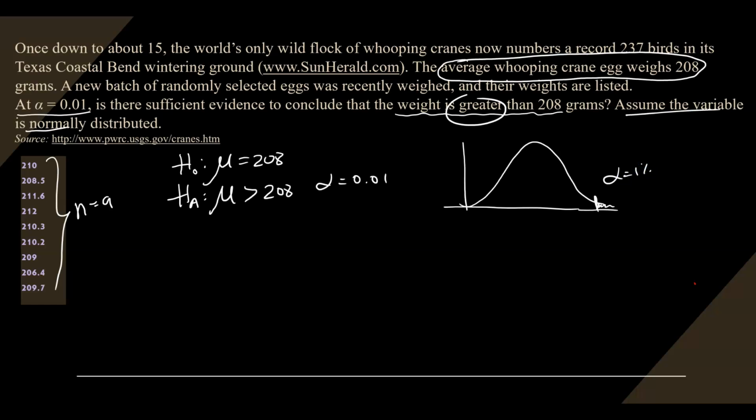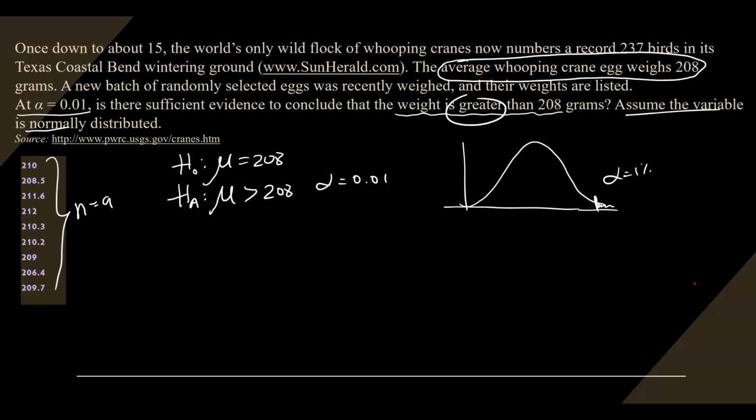Very good. So the question here, this is the mean. Am I doing a z-test or a t-test? I would do a z-test if I had the population standard deviation. But they don't give me any standard deviation, not just a population standard deviation.